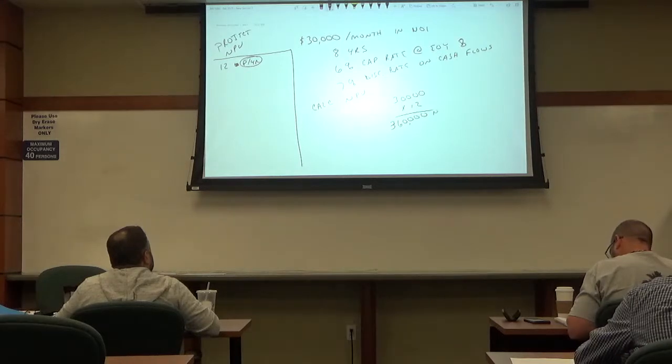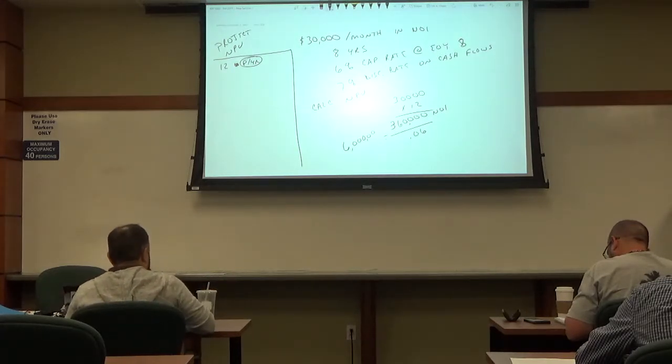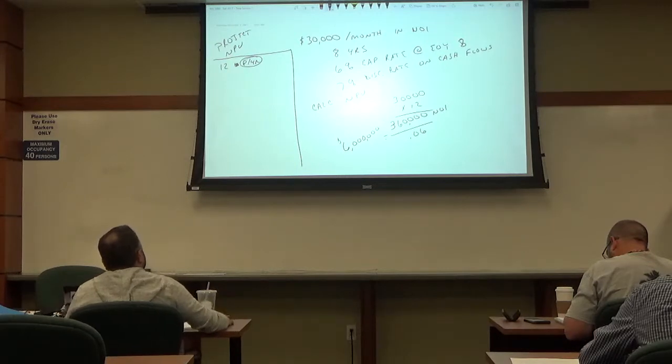So that'll be NOI. And then that's going to be divided by a 6% cap rate. So it's going to be $6 million as the sale price. Okay, everybody cool with that? That make sense, everybody? Yes or no?